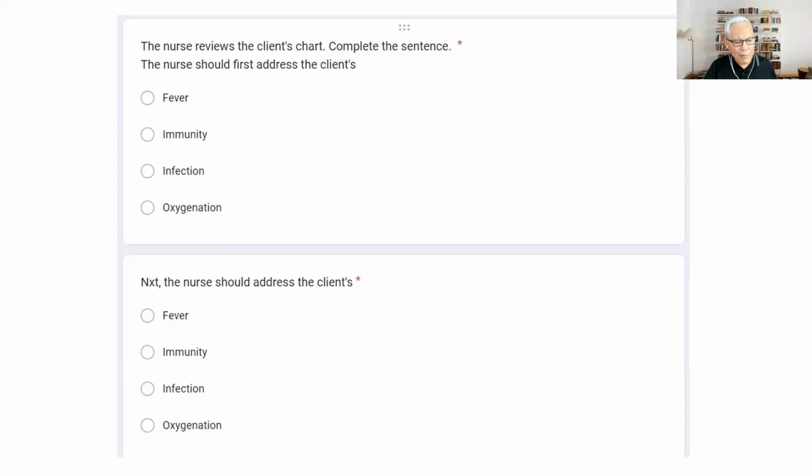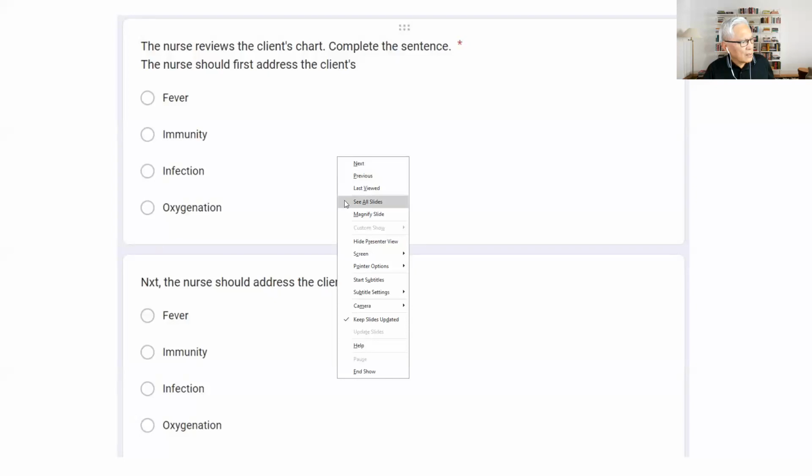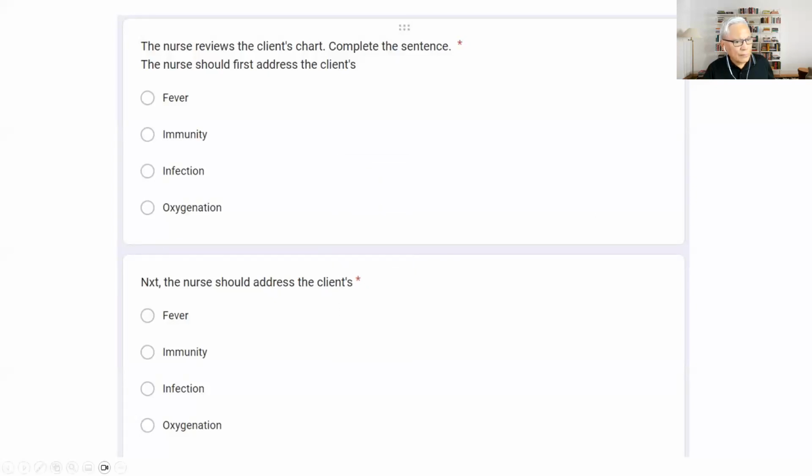I already spent the poll, so I couldn't give you the poll. So could you just tell me which one of the 4 the nurse should address first, the client's what? Is it fever, immunity, infection, or oxygenation? You can't read it?